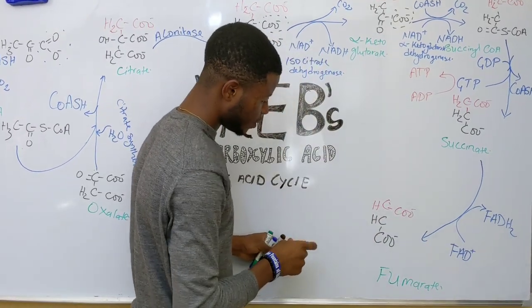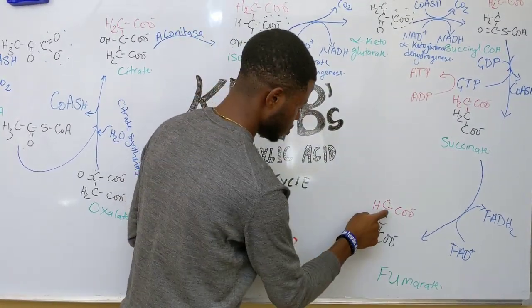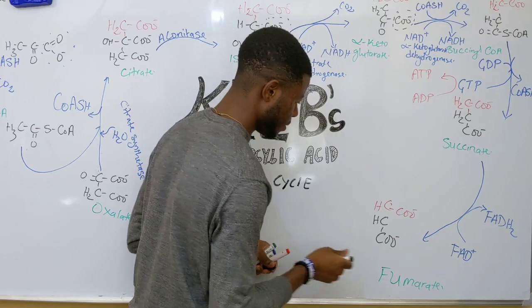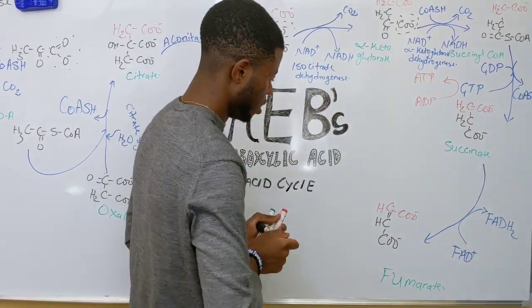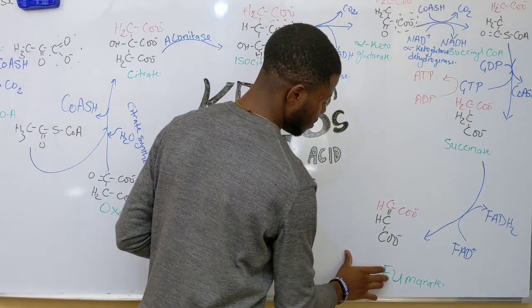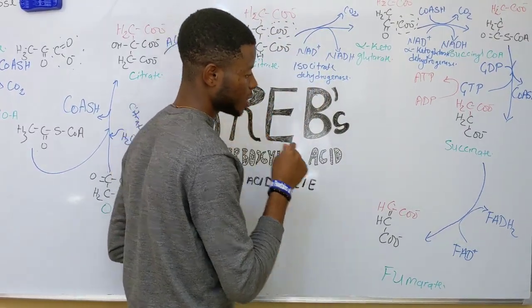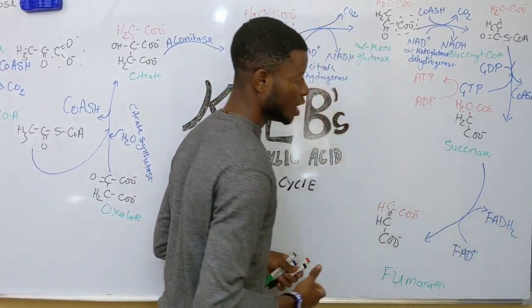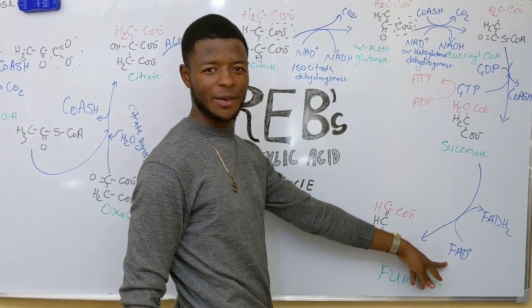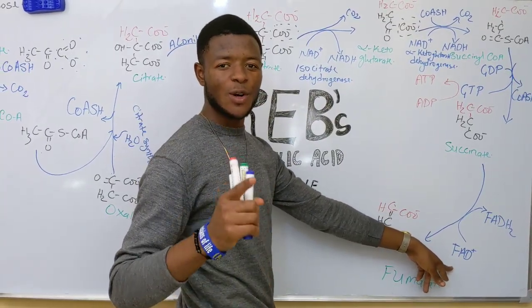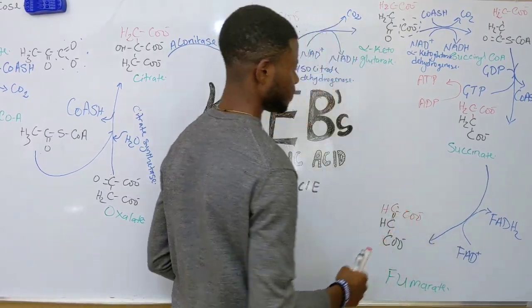Remember that whenever I've done this dehydrogenation, I have to have a double bond here because a carbon atom must have 4 complete bonds. Fine. So here I have formed my fumarate, through the process of dehydrogenation. So from succinate, I have formed this. Are we there? So that is actually what is taking place here.